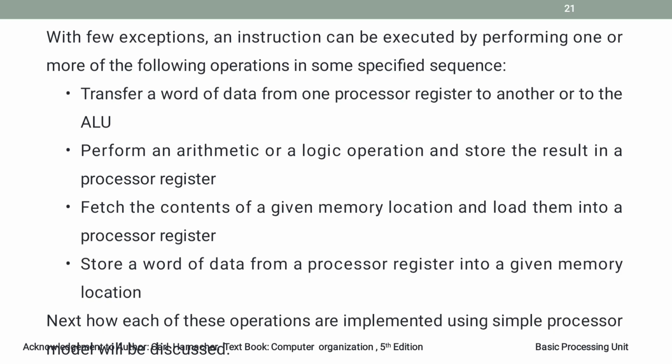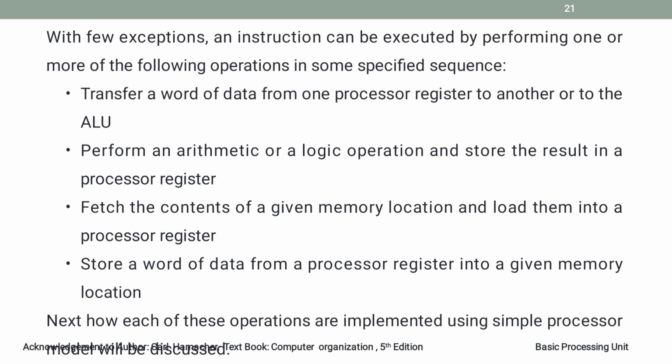Next, fetching the contents of a given memory location and loading them into a processor register. Then storing a word of data from a processor register into a given memory location. So with this we come to know that there are four kinds of operations needed by different parts of the processor.